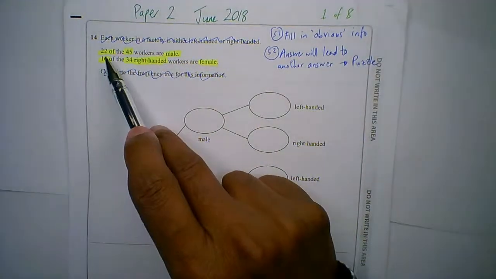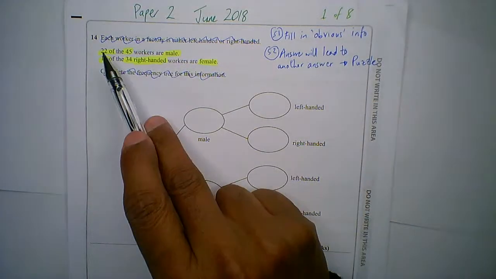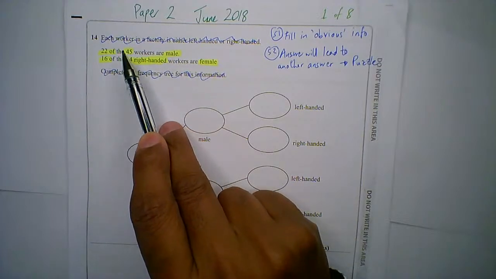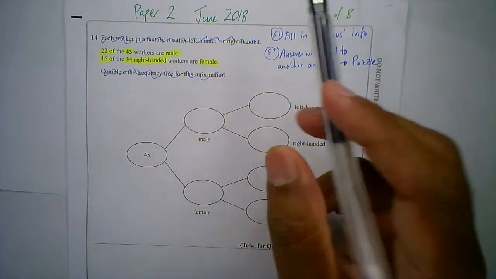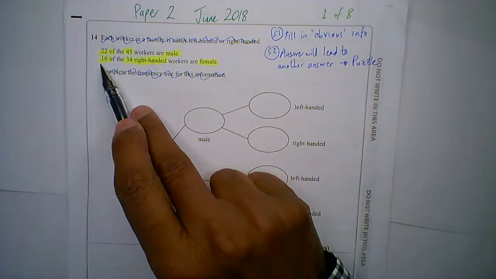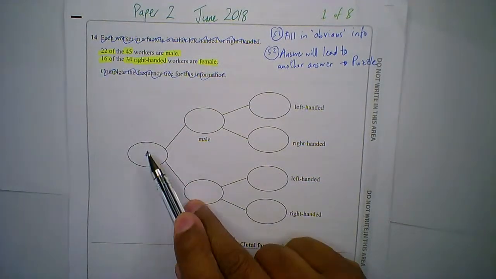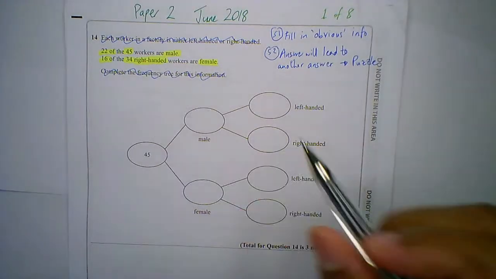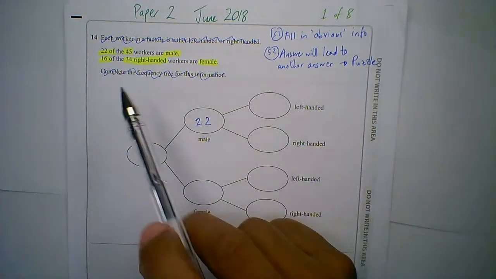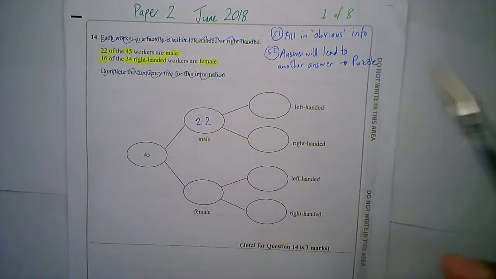So we just need to process these two sentences. 22 of the 45 workers are male. So altogether we've got 45, and 22 of them are male. So that's our first obvious information. So 45 workers, that's here, and 22 of them are male.